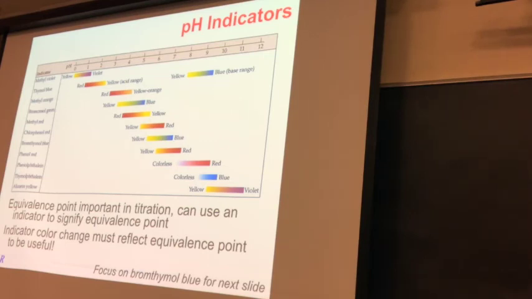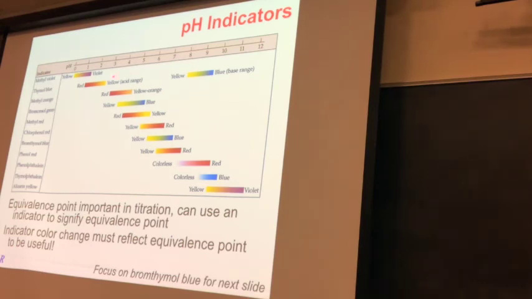So for example, one indicator is called methyl violet, and you can see that at super acidic pHs, like 0, it's yellow, but when you get to about a pH of 1 or so, it goes violet. So if you had a titration where the equivalence point was about 0.5, which is incredibly acidic, but anyway, then methyl violet would be a cool indicator to use.